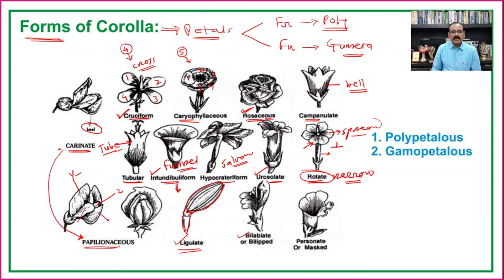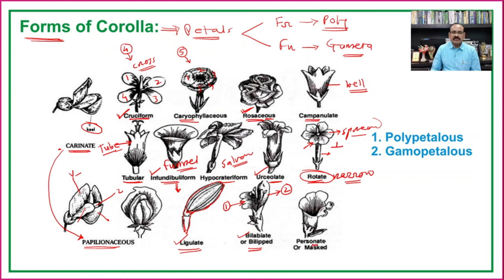In bilabiate or bilobed type of the corolla, the total number of petals which are present in the flower are present in 2 lips, and hence it is known as bilabiate type of the corolla, which is usually found in the family Lamiaceae.